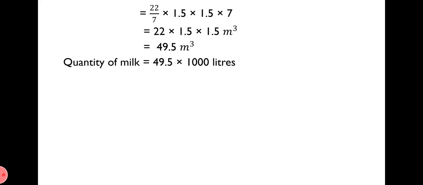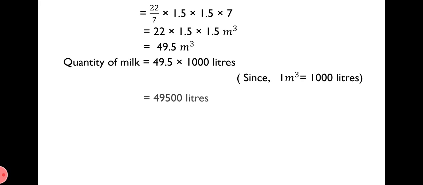When we further solve, that is equal to 49.5 cubic meter. Now we have to find the quantity of milk in liters. So quantity of milk equals 49.5 into 1000 liters, because 1 cubic meter equals 1000 liters. So multiplying by 1000, that is equal to 49,500 liters.